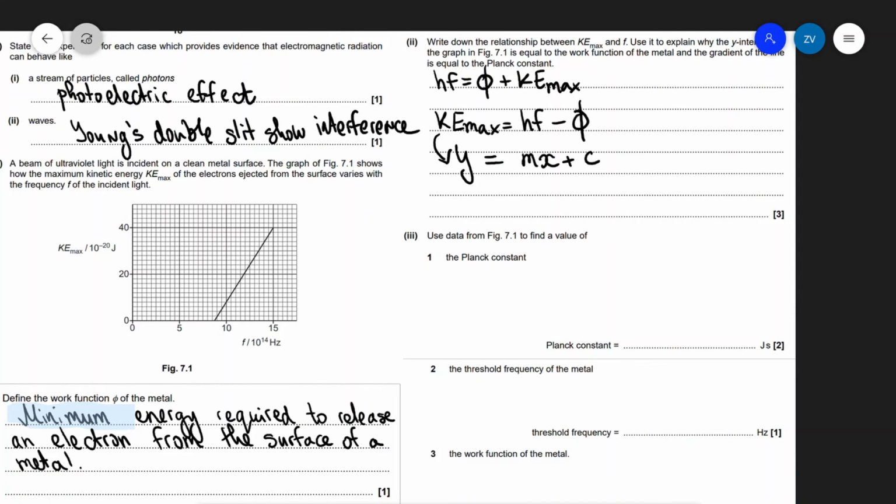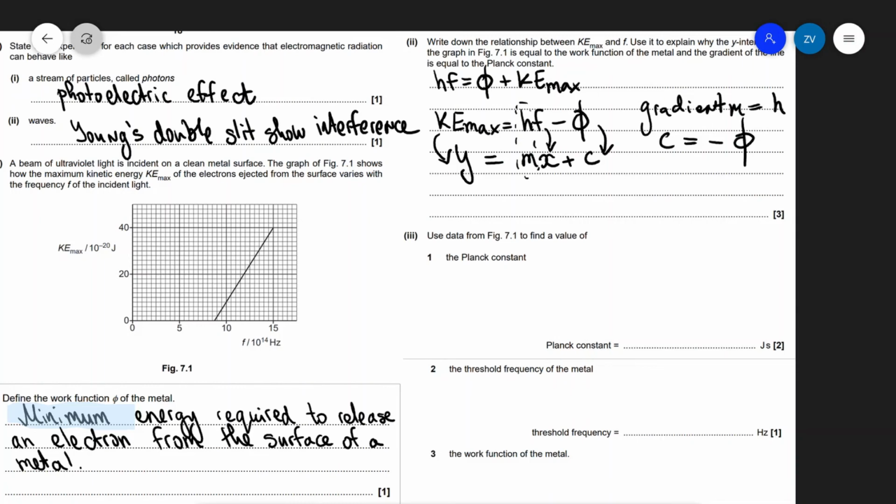Our intercept will be the negative work function, so this is really important, and our frequency is on the x-axis, which of course leaves the gradient m. So I'm going to say that the gradient m is equal to Planck's constant, and our intercept c is equal to minus the work function. So it's the actual absolute value of the intercept that is the work function.